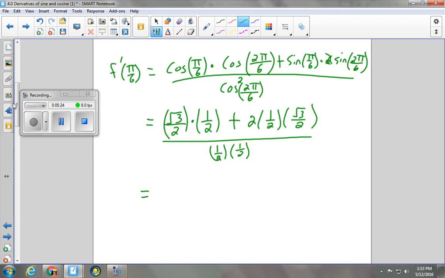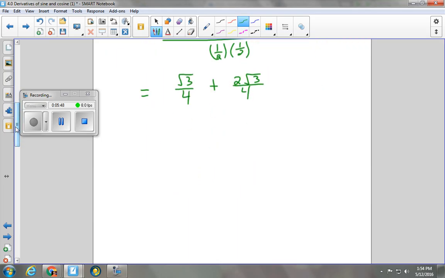The way we can make sense of it, if we look at the tops, we multiply the two together and you've really got root 3 over 4, plus 2 root 3 over 4, and that is all over 1 over 4.